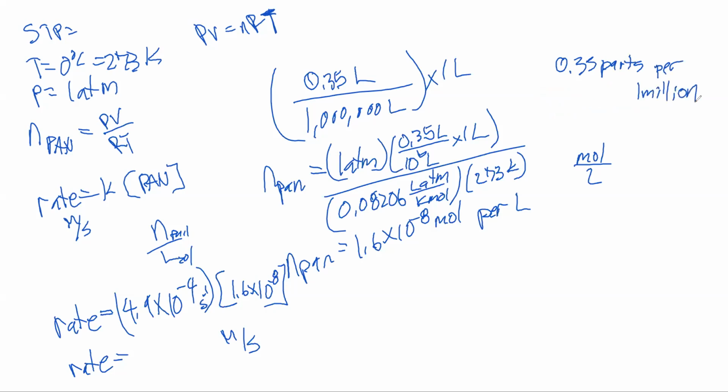That means that if we had it in terms of liters, that would be 0.35 liters per 1 million liters. You can also do it as milliliters per milliliters, but since our unit has to be in liters anyways, I might as well just use liters to begin with.